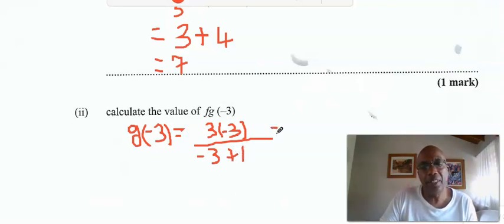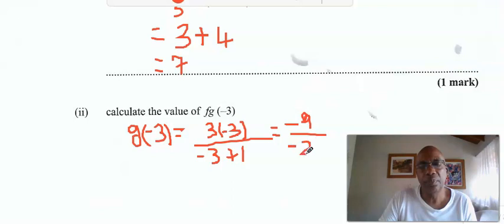And we work this out. 3 times -3 is a minus 9 over minus 3 plus 1 is a negative 2. And a minus 9 over minus 2, the two negatives become a positive, and so we get the answer for g of -3 as 9 over 2.